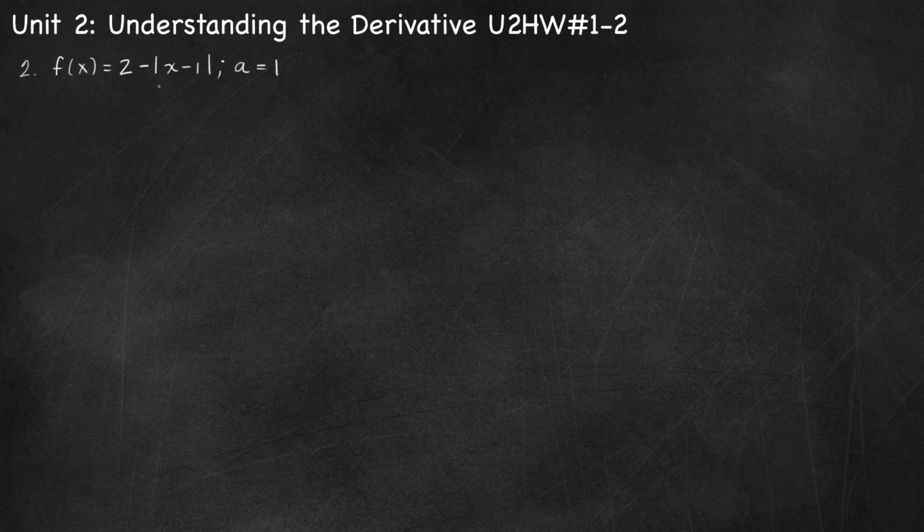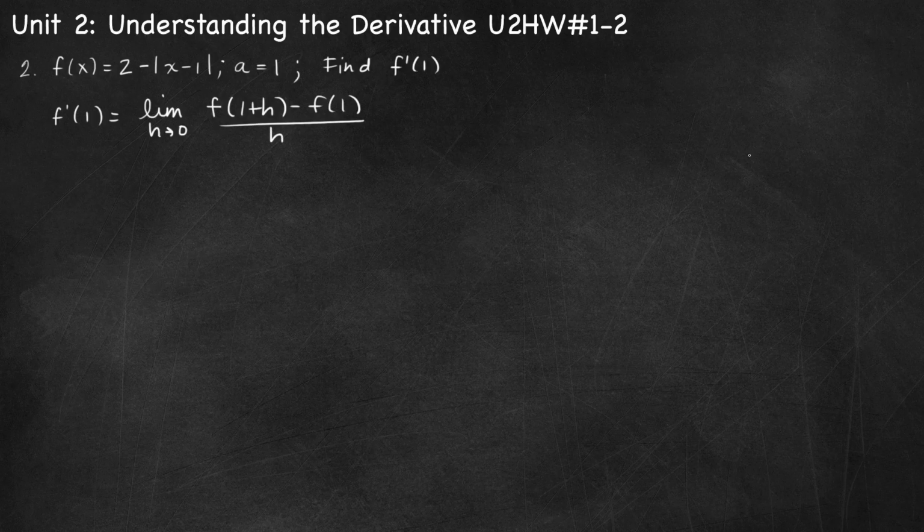F of x equals 2 minus the absolute value of x minus 1. We want to find the derivative at a equals 1. So find f prime of 1. F prime of 1 will be the limit as h approaches 0, f of 1 plus h minus f of 1 over h. So we have f of x is 2 minus the absolute value of x minus 1.